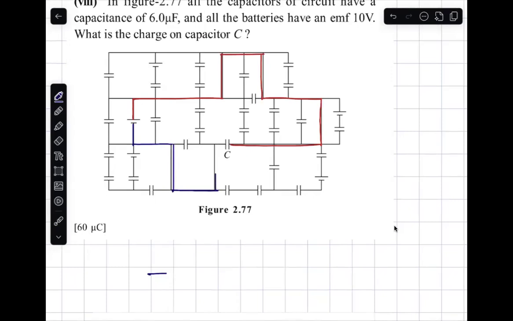You tell me left, you tell me right. That's all. After all this, you just told me that across the battery you have connected one capacitor C, and that too at 10 volts. So the charge Q is equal to what? CV, which is nothing but 6 into 10, 60 microcoulomb.